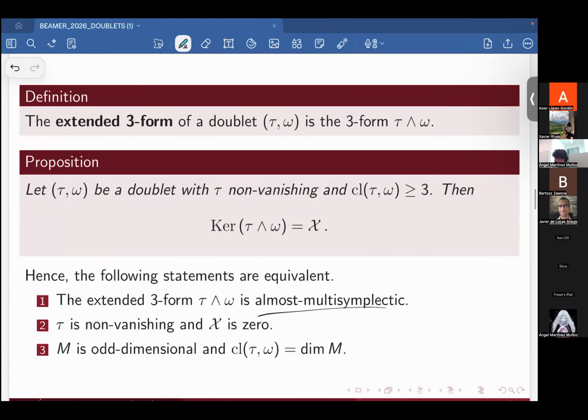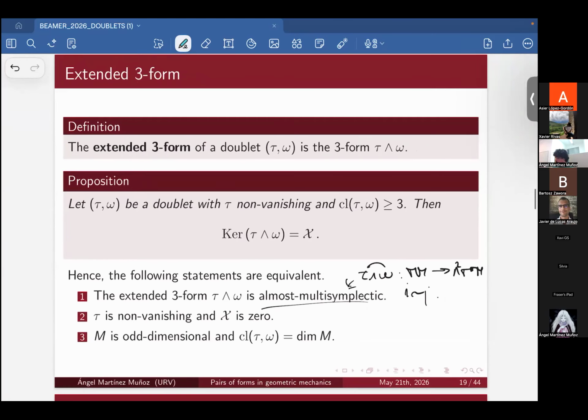So yeah, I was just going to say what almost multisymplectic means if someone doesn't know it. Almost multisymplectic means that the map induced here is injective. In general, if you have a P-form, almost multisymplectic means that the map just contracting by a vector is injective.